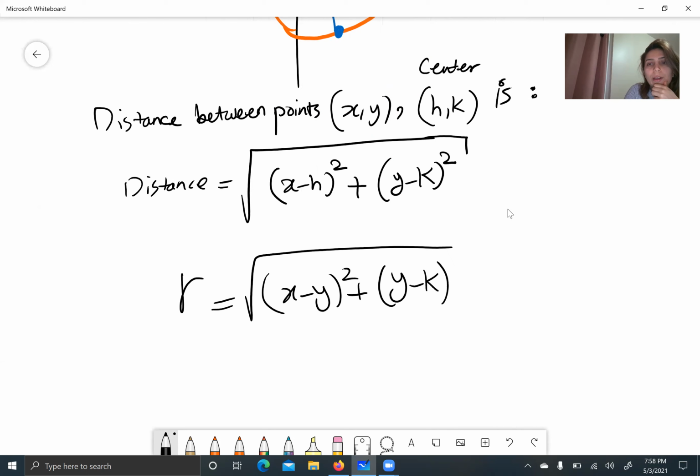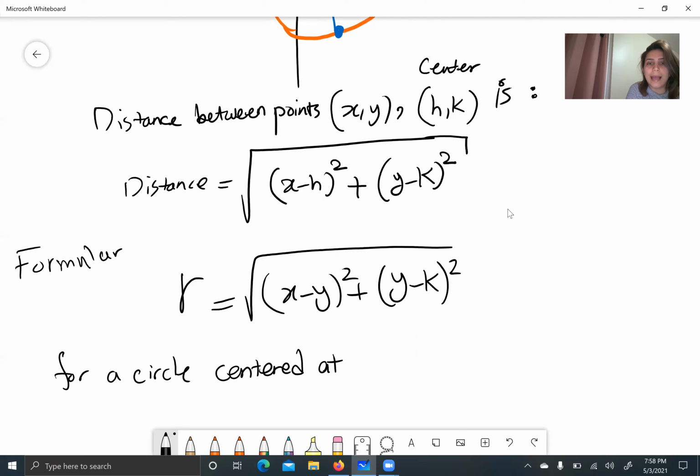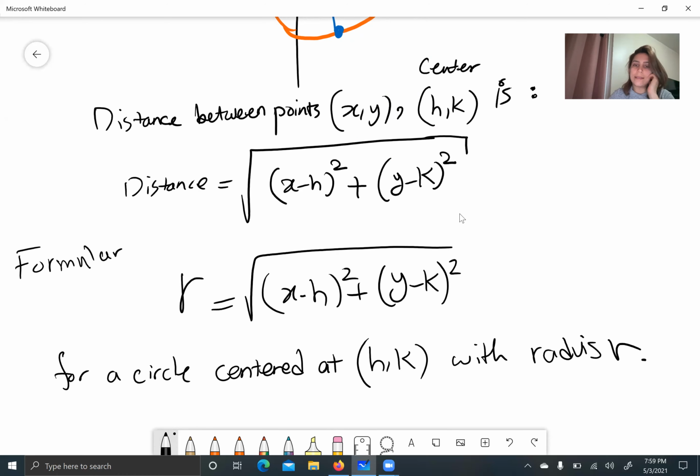This is a formula for a circle centered at H and K with radius R. Okay, so that's it.